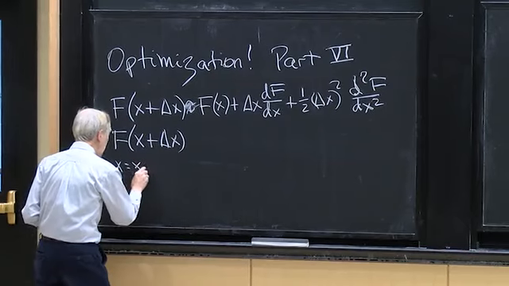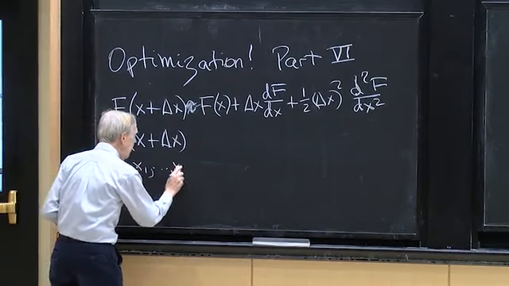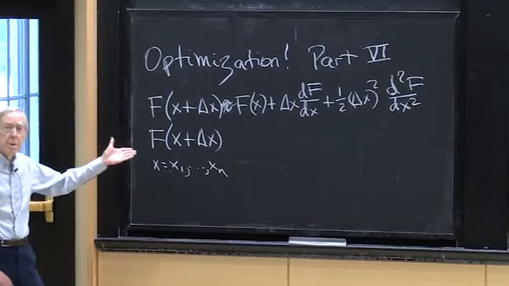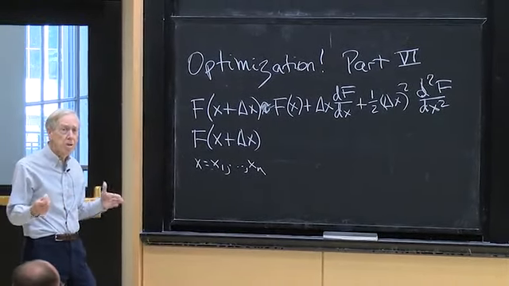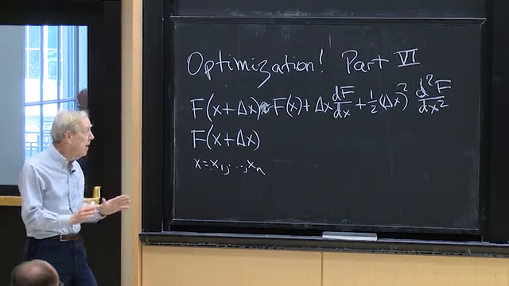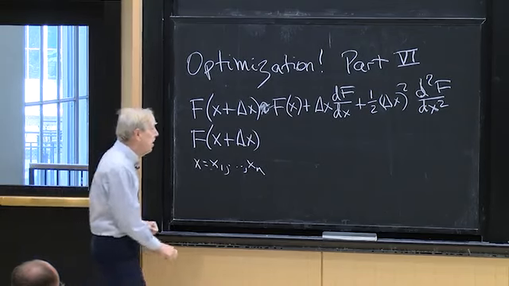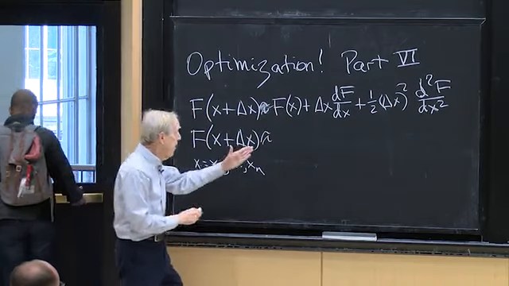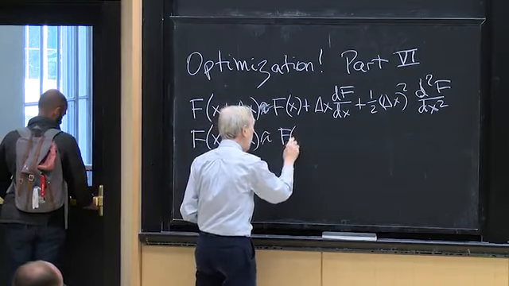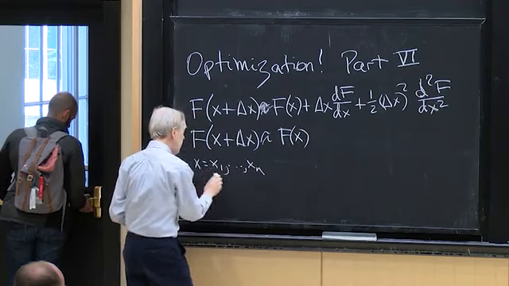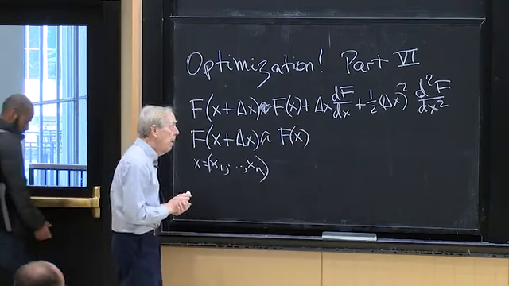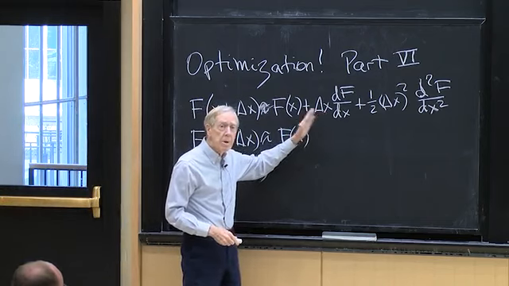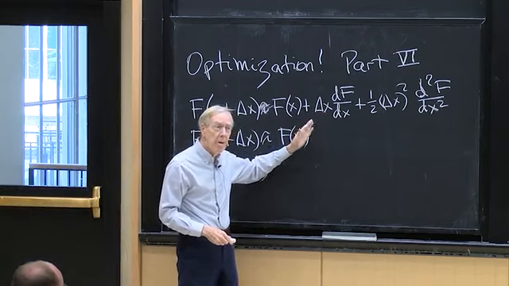X is x1 up to xn. So, just to get the words straight so we can begin on optimization, what will be the similar step? The function f at x, remember x is n variables. Now what do I have? Delta x. What's the point about delta x now?